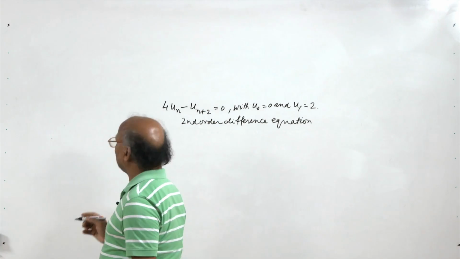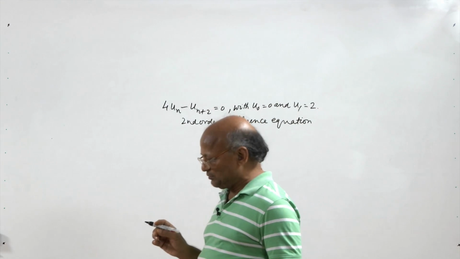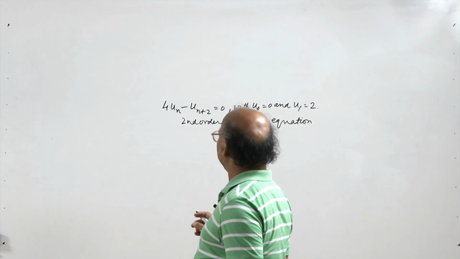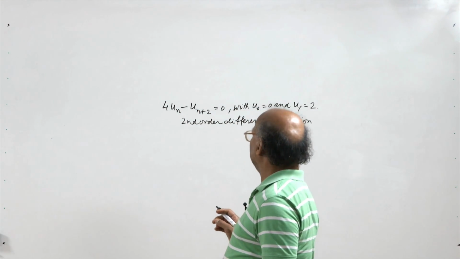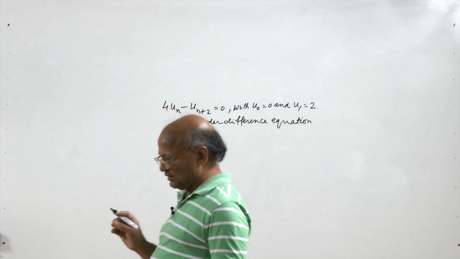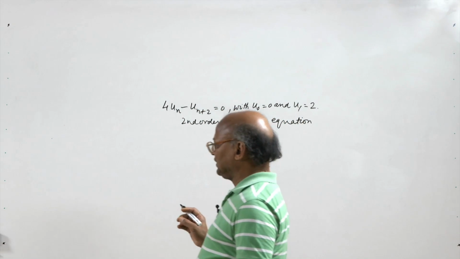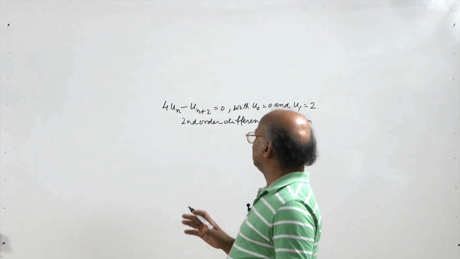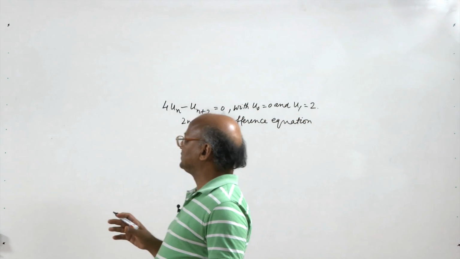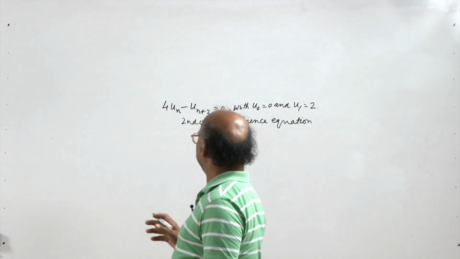So, in order to solve this difference equation, we take the Z transform of both sides of the difference equation and then solve the resulting equation for the value of U z, where U z is the Z transform of the sequence u n.